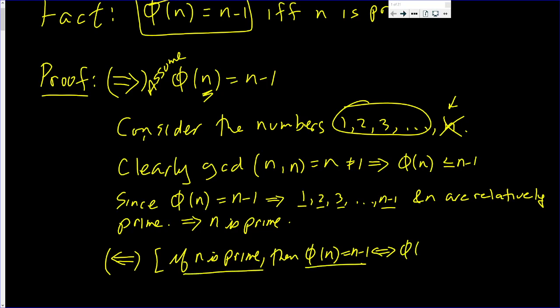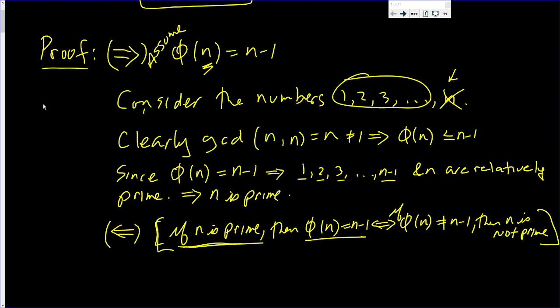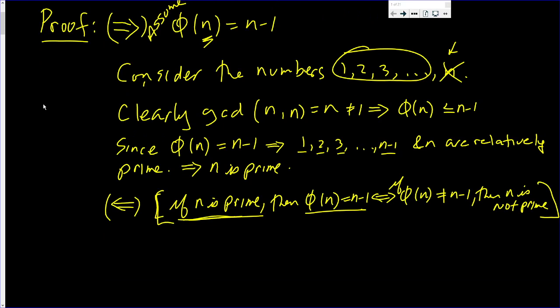That is, if phi of n is not n minus 1, then n is not prime. You don't need to write this in the proof, so I am putting it in these brackets, but that's the way I'm going to prove this piece. I'm going to use the contrapositive.